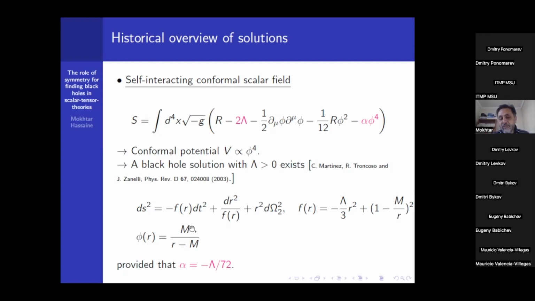The scalar field blows up inside the horizon, so it has no consequences. This is the product of turning on the cosmological constant. Of course, this solution exists only if alpha and lambda are tied by this relation. And for sure, when lambda is 0, alpha must be 0, and we recover the BBMB solution that I showed you previously.